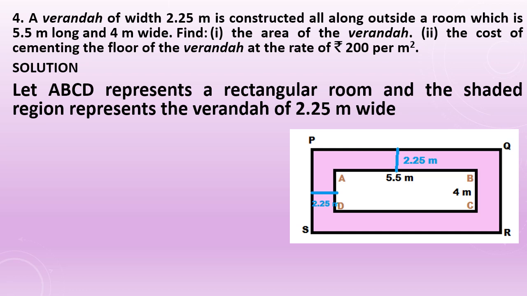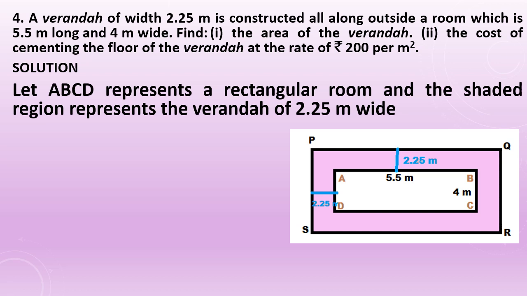Here in the question we can find the area of the veranda. To get the area of the veranda, that is the area of the shaded region, we have to subtract area of rectangle PQRS minus area of rectangle ABCD. ABCD is the room. We don't know the length and breadth of the outside rectangle.